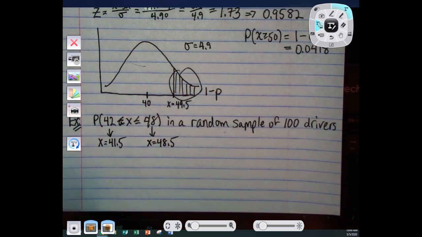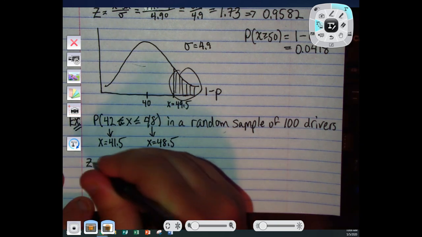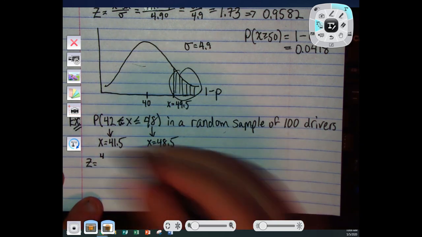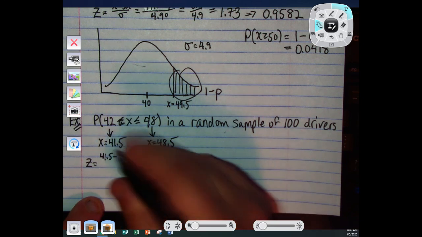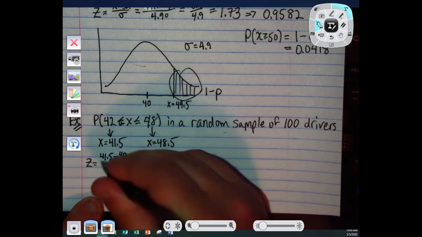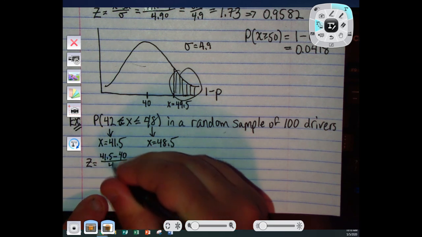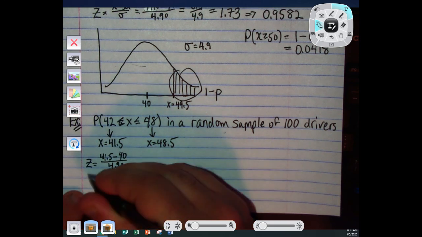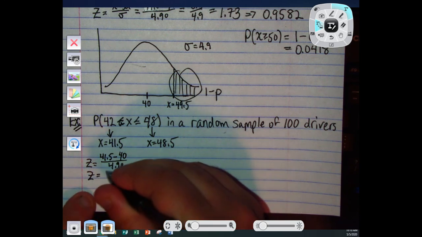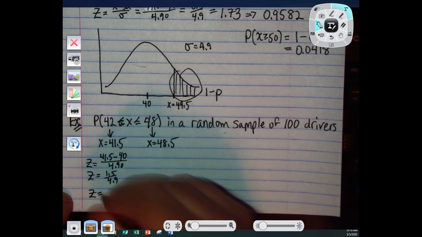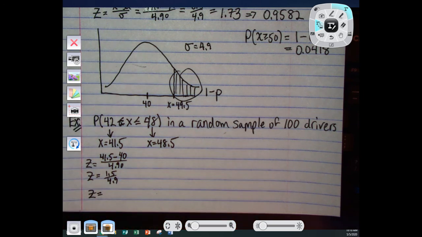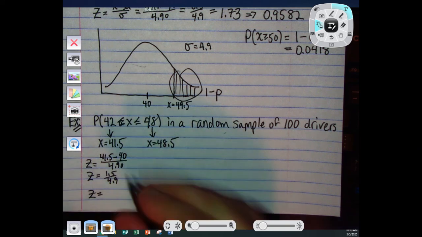So I'm going to do a z-score for both of those. For 41.5, it would be 41.5 minus 40 divided by 4.90. So it'd be 1.5 divided by 4.9, which gives us a z-score of 0.31.